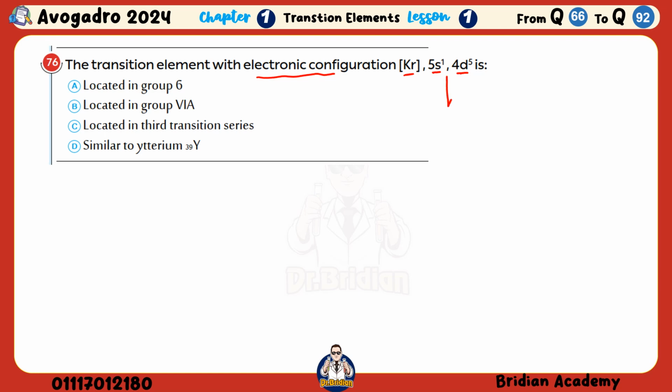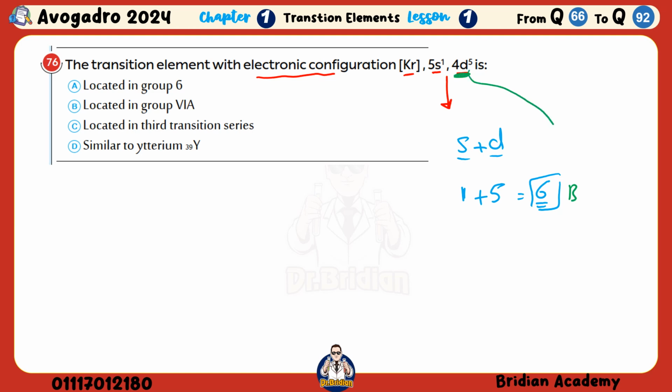To find the location of the element in the periodic table, if you have s and d electrons, you should add the electrons of s, 1 electron, plus the electrons in d sublevel, 5, so 1 plus 5 equals 6, and you should end with letter B because your electron configuration ends with the d sublevel.